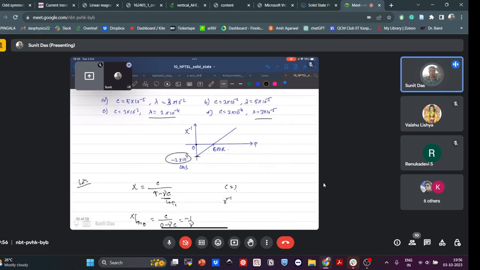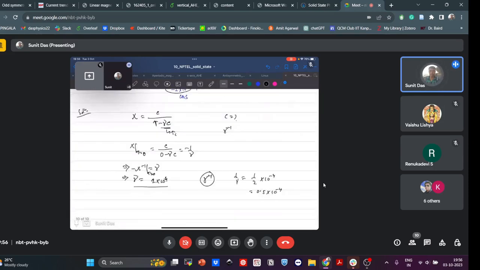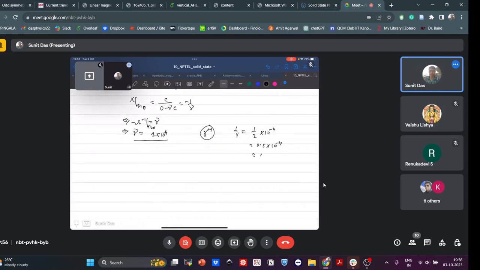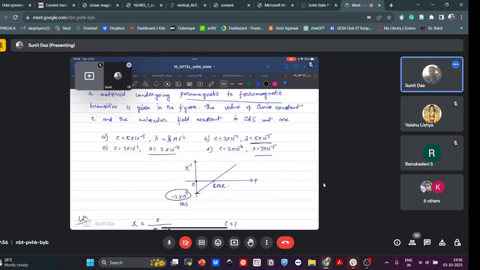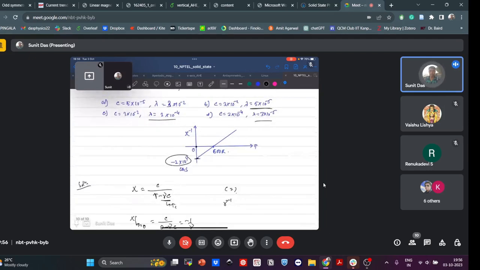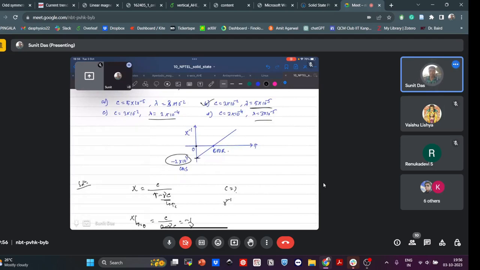Is there an option? Yes, 5 into 10 to the power minus 5, where lambda equals gamma inverse. So we already got the correct answer, B.